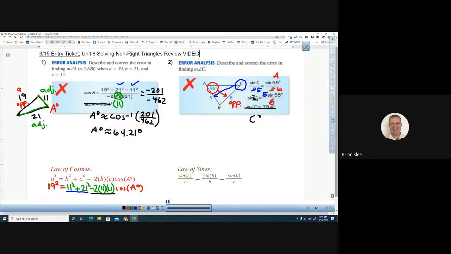C degrees. I've got to cancel out sine. Sine inverse, and really, it's approximately, I'll clean that up a little bit fast. So sine inverse here, and I have about 0.683.